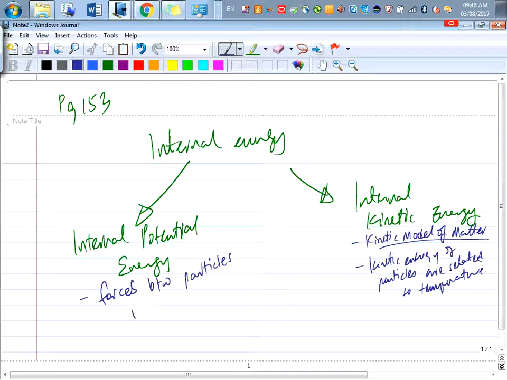What do you remember for the forces between the particles? Which phase has the strongest forces between particles? Solids. Solids have the strongest forces.